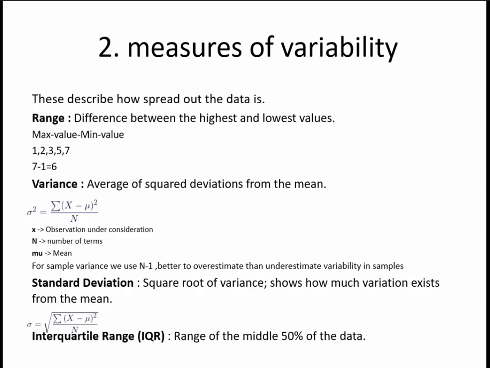So if you have that kind of data, we don't take n as the number of items in our sample size. The n we take is the number of items in our sample size minus 1. What this would do is give us a bigger value compared to when we use just n. Am I making some sense there?